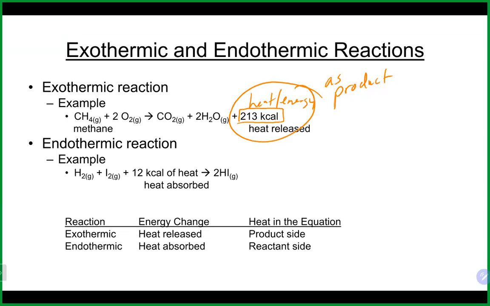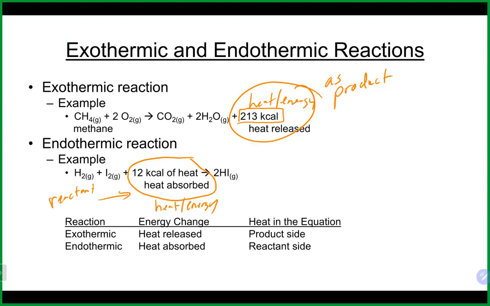And in an endothermic reaction, we also can sometimes just see the heat or energy written into the equation. But here it's going to be on the reactant side. So we think of it as being a reactant, like it's being absorbed or gained, if you will, as the reaction goes forward.